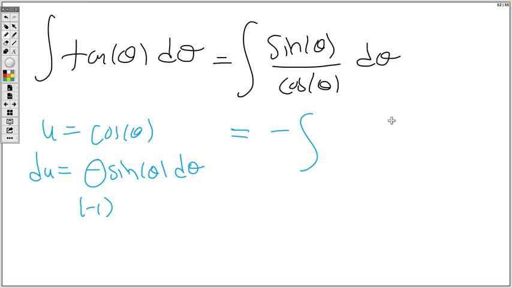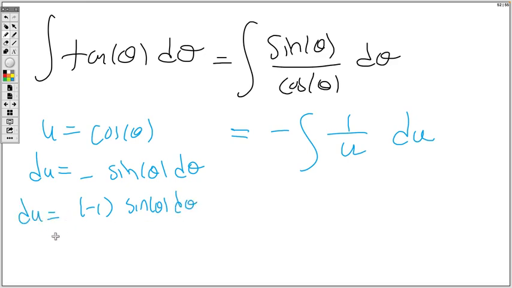Sine of theta d theta, that's our du. And I'm left with 1 over u. Any questions on the substitution or then what it looks like?